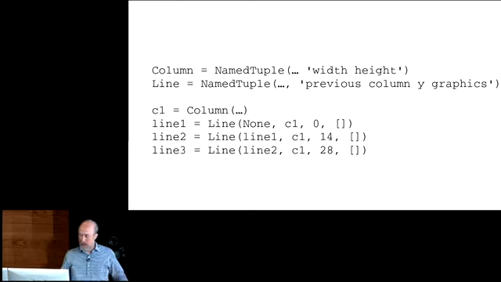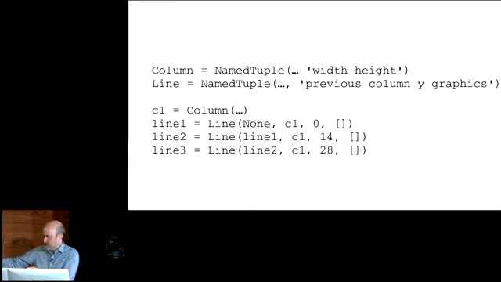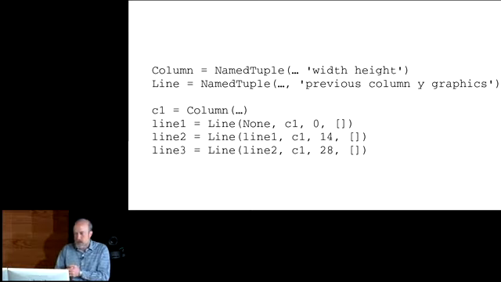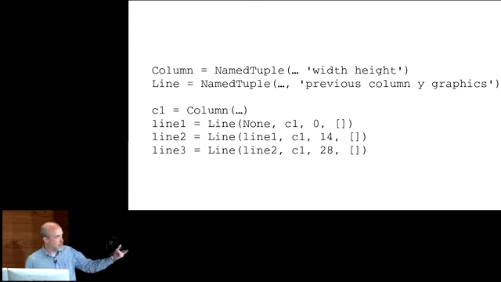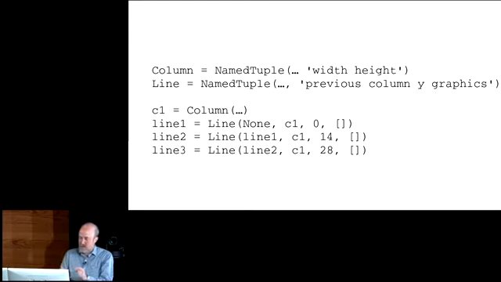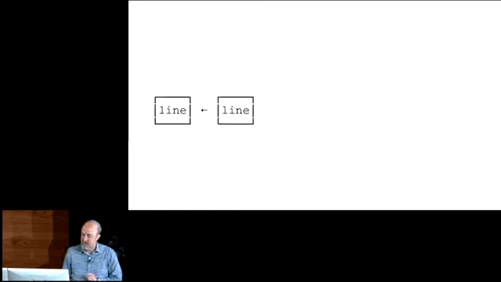I defined a line as not only belonging to a column, having a y-coordinate, and having some graphics that, if you decide to keep the line, you draw on the page, but I gave it a previous attribute. As I go down the page, I set each line's .previous to the line above it, thus creating a linked list of lines.